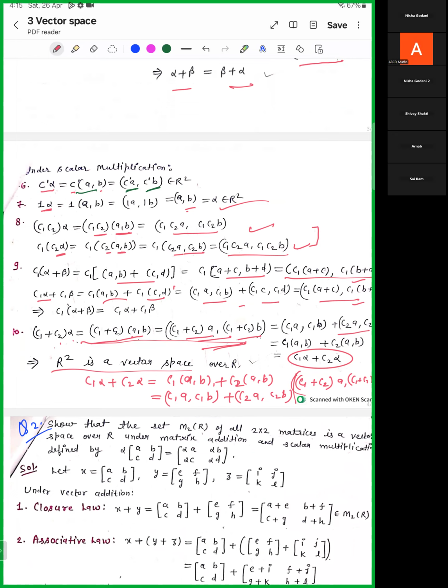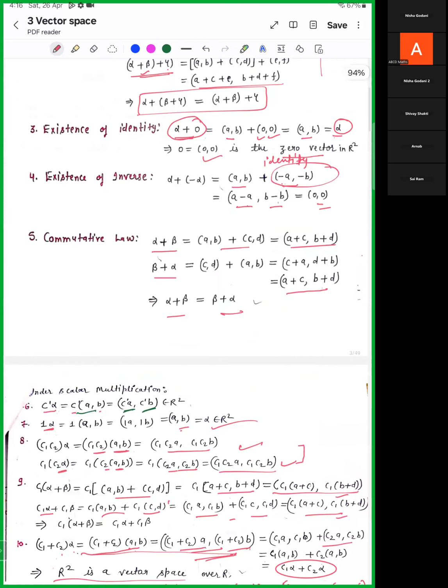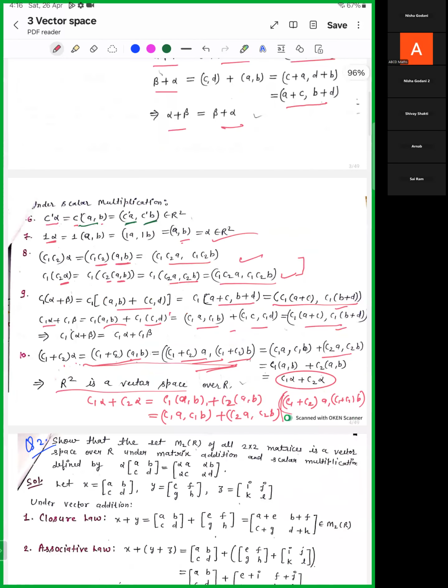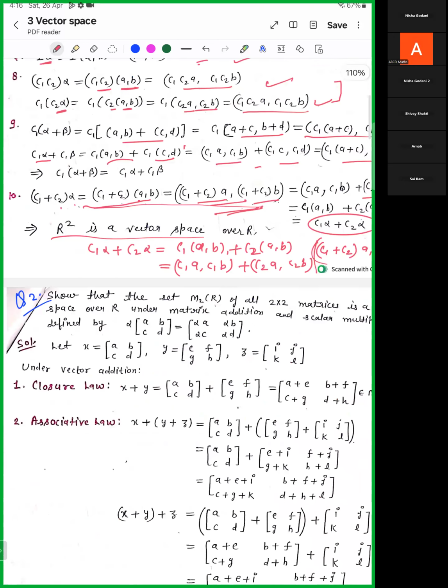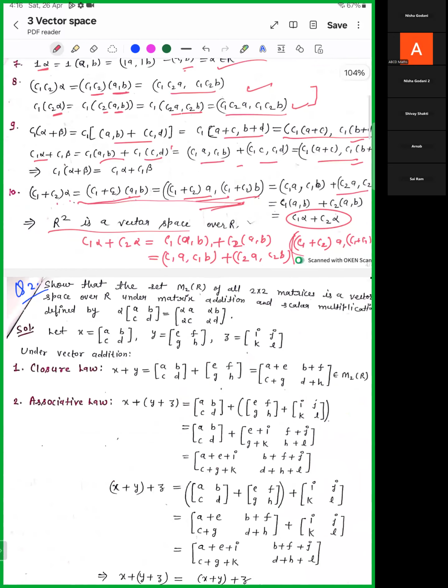Interesting means you will use rank or other concepts, so it will be a little easy. But here you have to do all 10. You have to check all 10 axioms, so it takes time and the flavor is something different. But you must have patience to understand and listen to this.